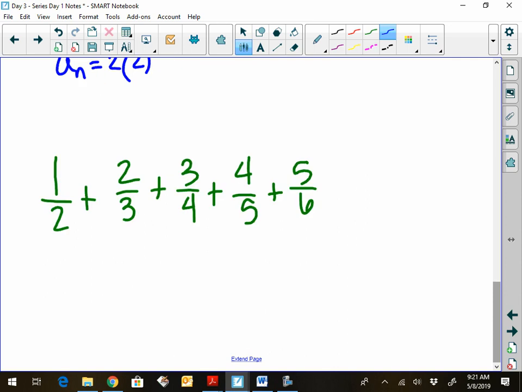We're adding up these terms, and we want to write this in sigma notation. So remember, we've got our first term, a sub 1, a sub 2, a sub 3, a sub 4, a sub 5. So we would have this as the sum of n equaling 1 to 5 in this case. And then look at how we could write this. Is this an arithmetic or a geometric sequence or series? It doesn't appear to be either.